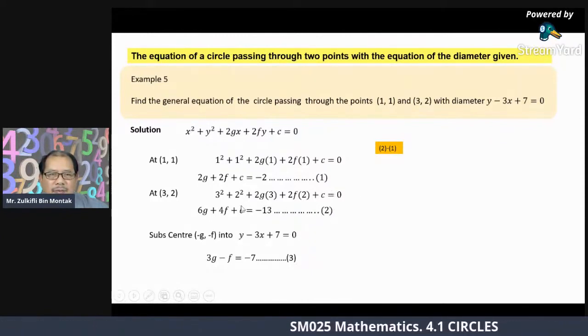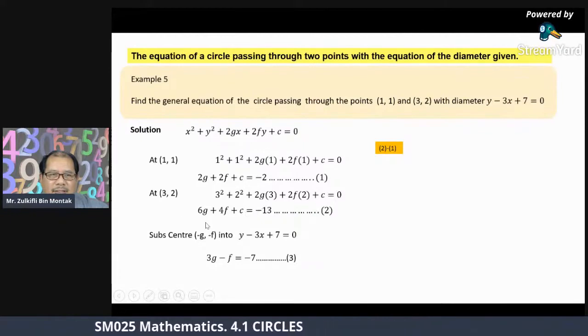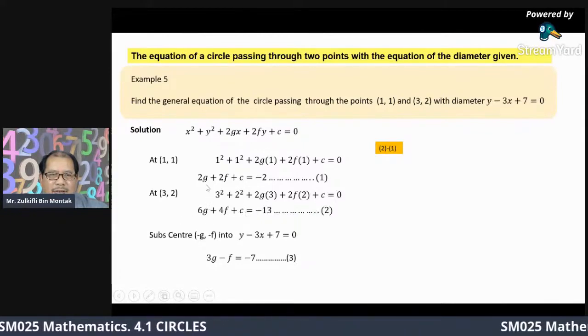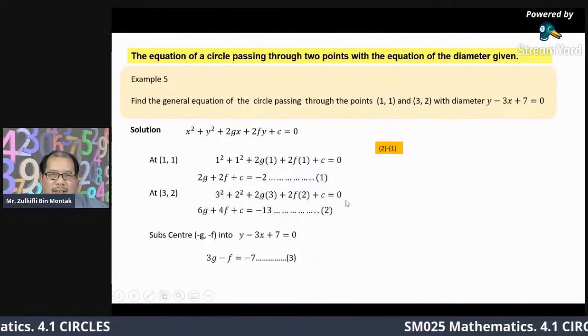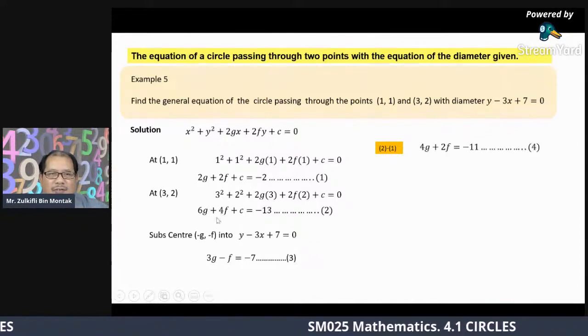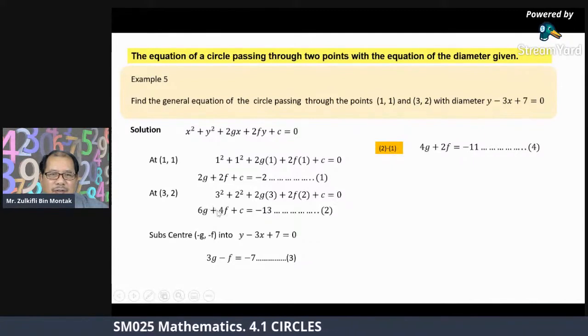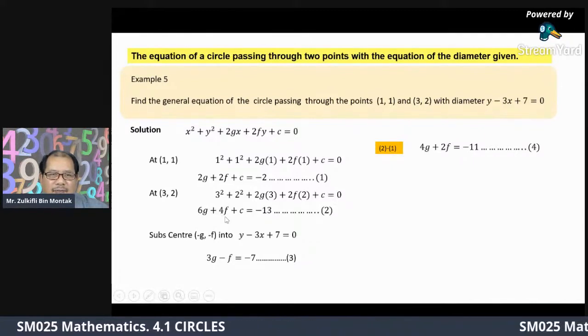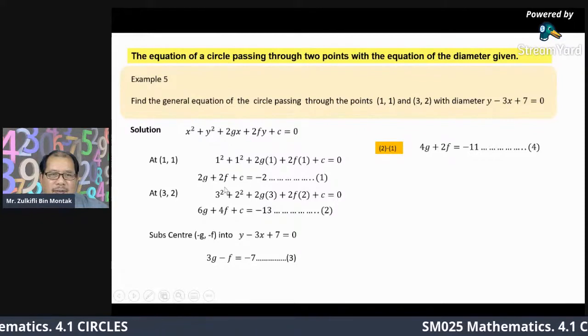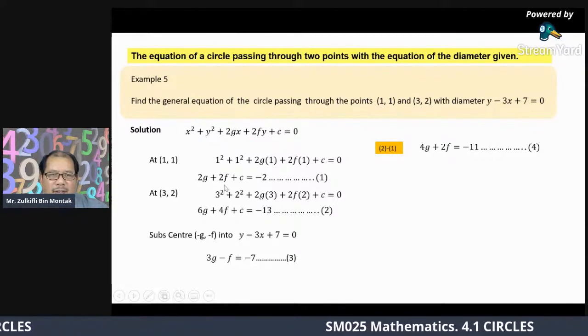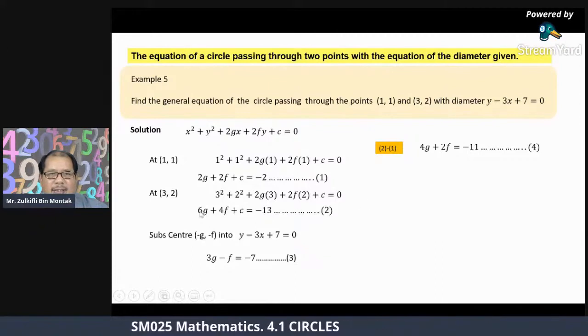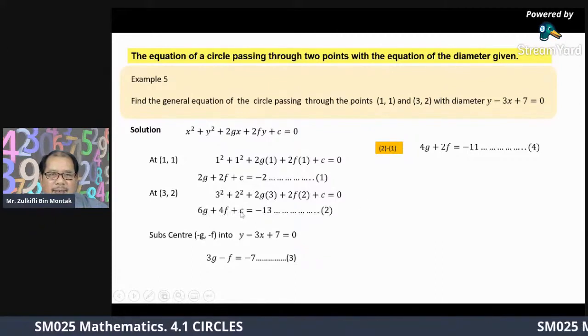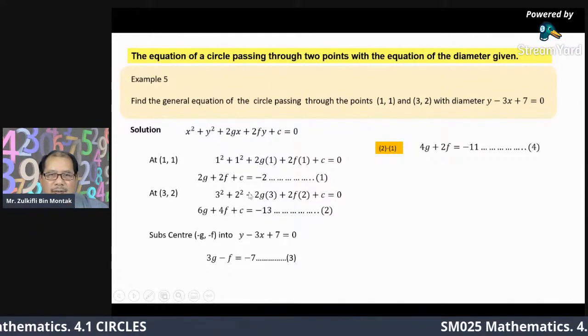So 4G minus 2G... no, 6G minus 2G gives 4G. 4F minus 2F, I have 2F. And then C minus C equals 0.